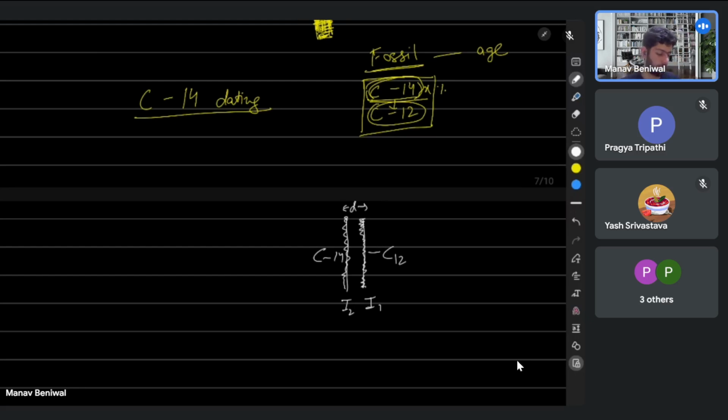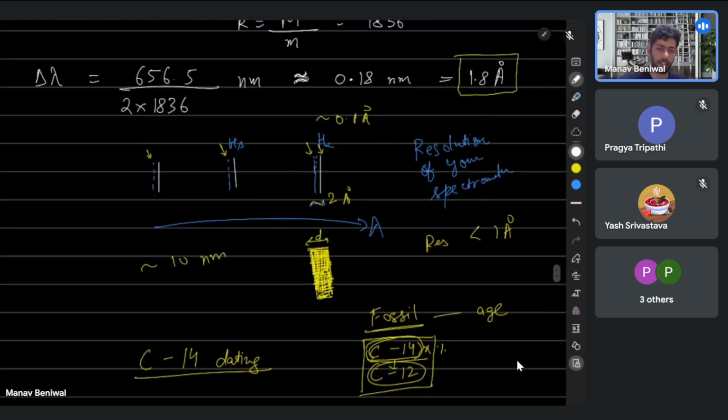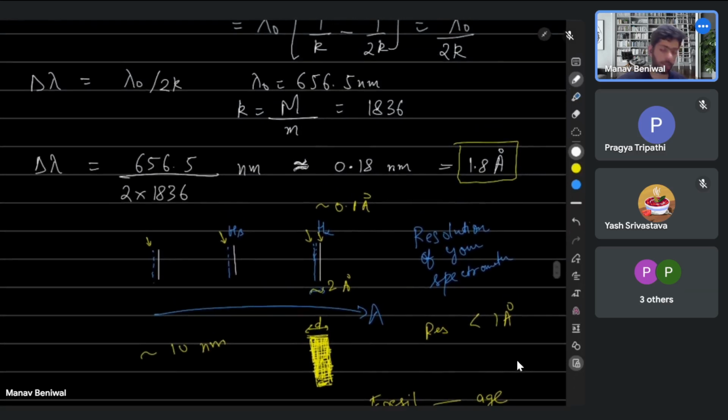If this is your wavelength lambda, carbon 14 will be towards the left, because carbon 14 is heavier than carbon 12. Then you can get the intensities I1 and I2, and using the intensity ratio, you can estimate the age of the fossil. That's why we study all these things, because they have potential applications. They are not just some textbook things.